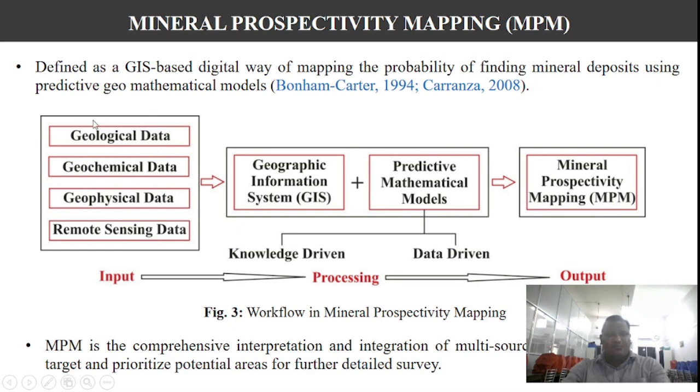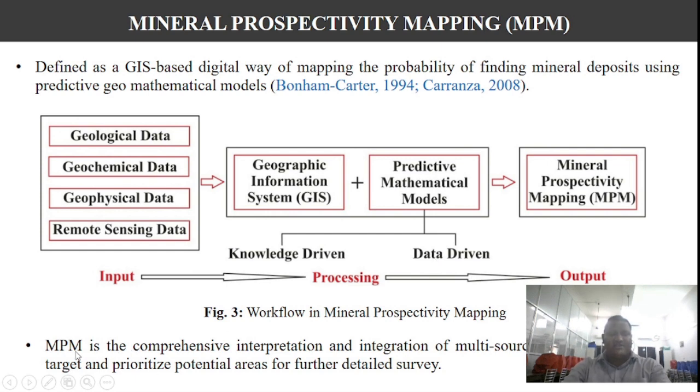So this is the input part, the collection and compilation of data, and the processing part, which is performed on a GIS platform using predictive mathematical models, and the output is the mineral prospectivity map. As I told earlier, the predictive mathematical models play a major role, which are divided into knowledge driven and data driven, which I will be discussing in the next slide.